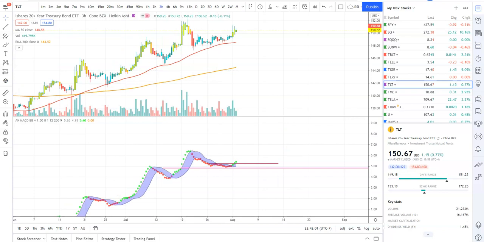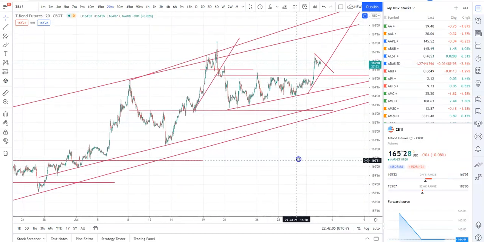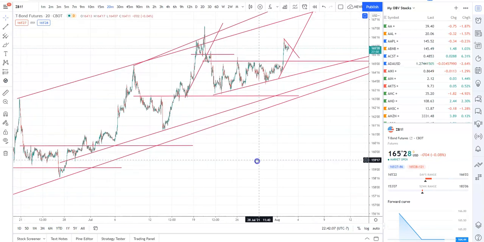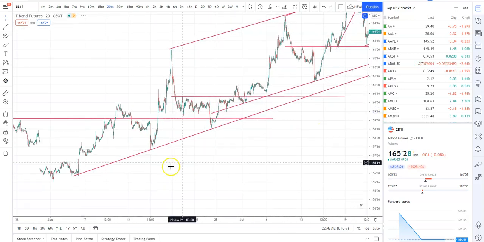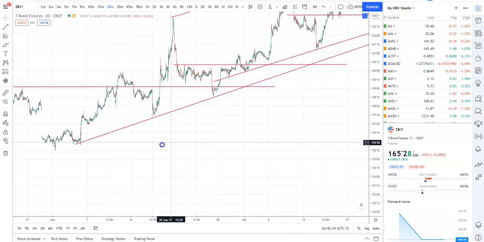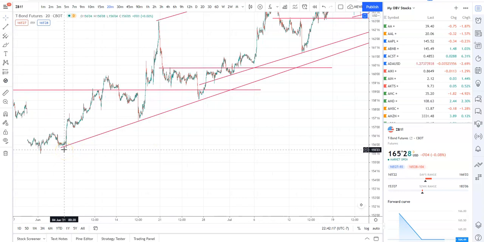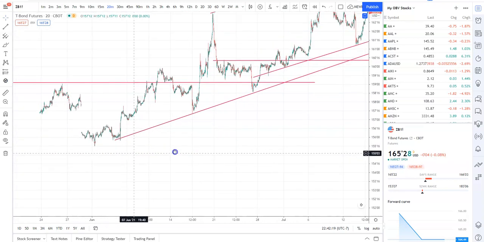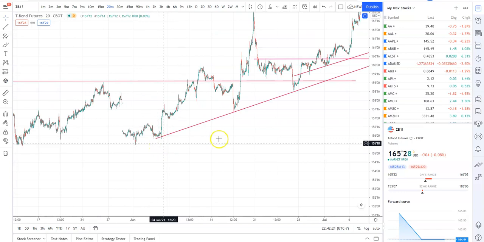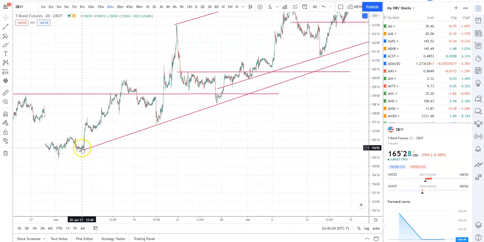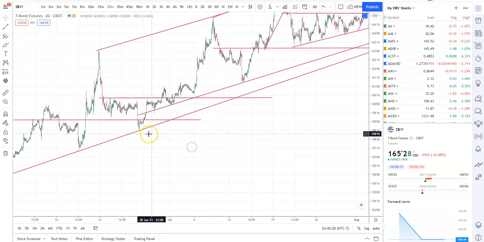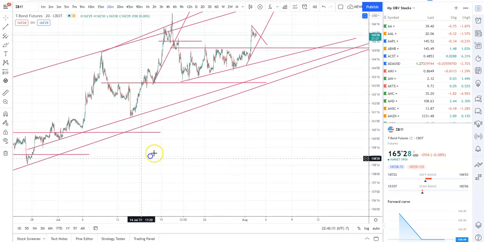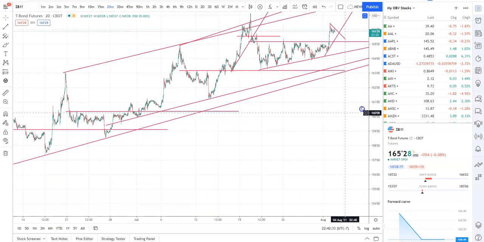forward. I also wanted to look at the continuous contract on bond futures to give you an idea of what's been happening here. You can see the strength of this trend has been developing since early June, and we just got this nice channel working up here, with touch points on June 4th, June 16th, June 25th, and this channel's just been working up nicely.